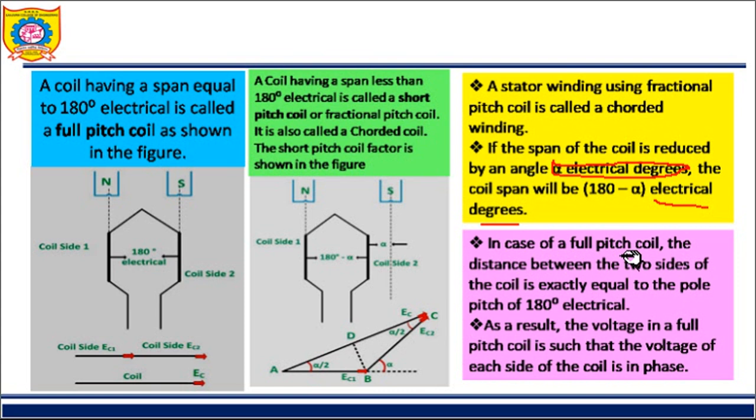But in the case of a full pitch coil, the distance between the two coil sides is exactly equal to the pole pitch, that is 180 electrical degrees. As a result, the voltage of each side of a full pitch coil is in phase.